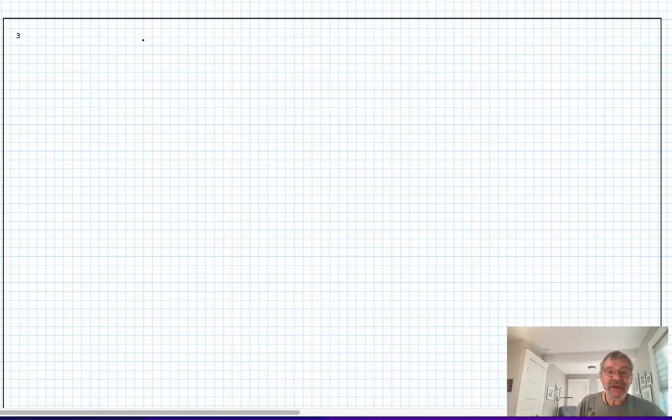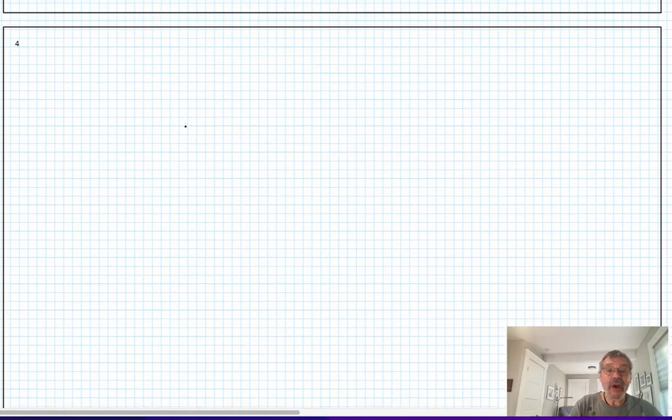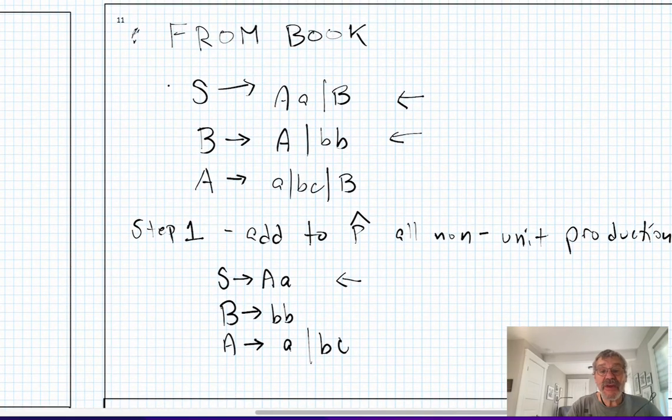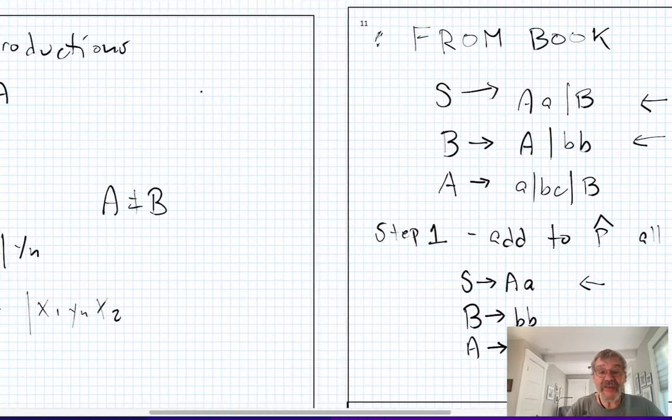And specifically what we're looking at now, remember before we were looking at things like A to B. But now we want to consider the case, again, if we go back to the grammar over here, you can see that S can get us to B, B can get us to A. So again, this is going back to our notion before where we talked about the transitive closure of S.